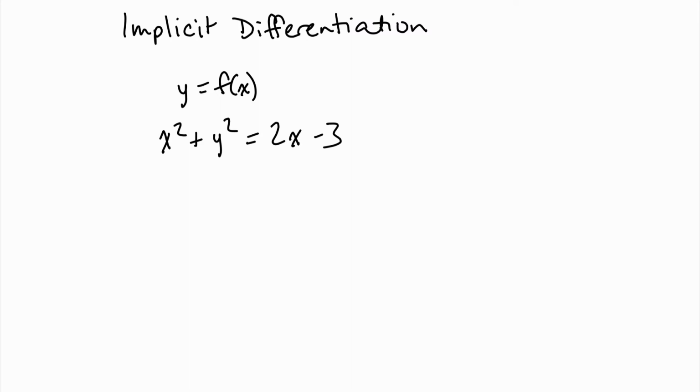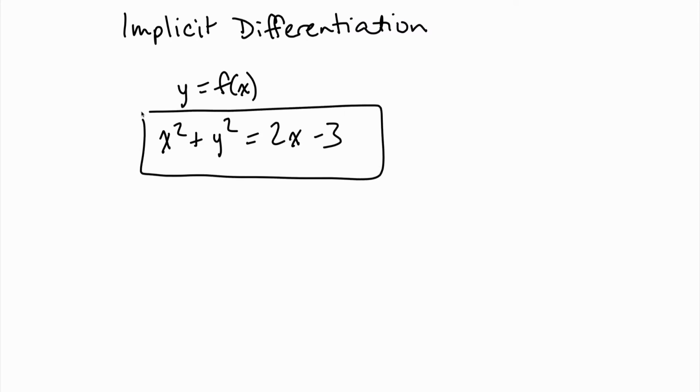So if I wanted to take the derivative of this function, I could do it two ways. I could rearrange it, so you get y squared is equal to 2x minus 3 minus x squared, which means y is equal to the square root of all that stuff.